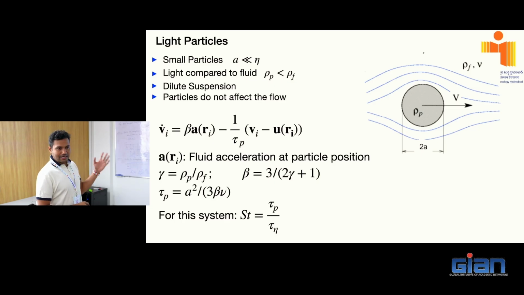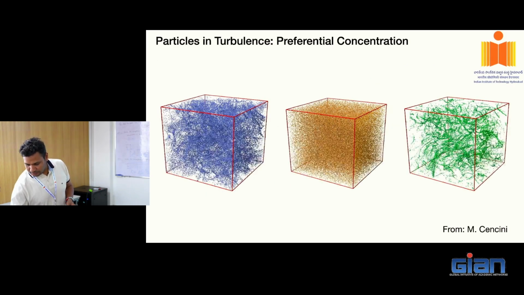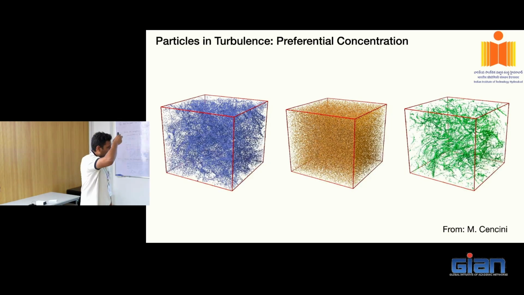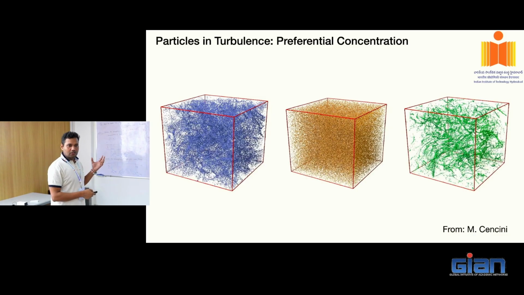Now if you have light particles, again using the same idea of a centrifuge, what you will observe is that all the particles get clustered in the vortical region. This very nice work was done by Cencini in the early 2000s, I think 2005, 2006, or maybe 2008, where he showed that you can have three setups. When you have tracer particles, all the particles are going to be homogeneously distributed.